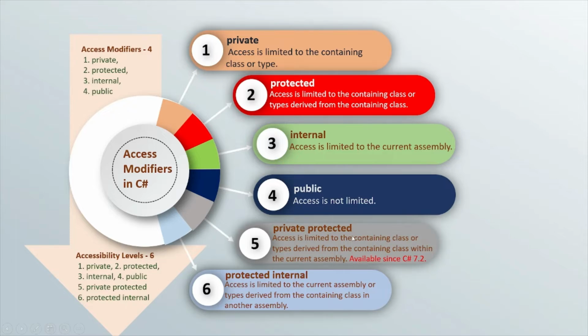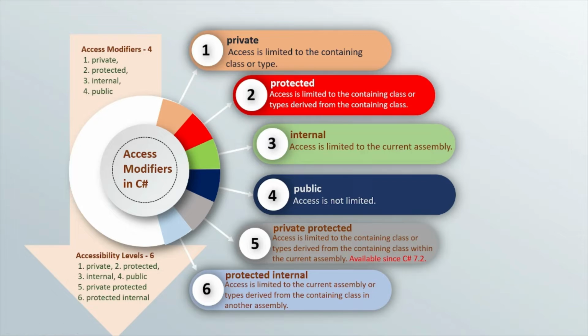But with private protected, you can access the containing class plus derived classes of the same assembly. You cannot access it in a derived class in another assembly. Protected internal. Internal means the current assembly, plus derived classes of another assembly.